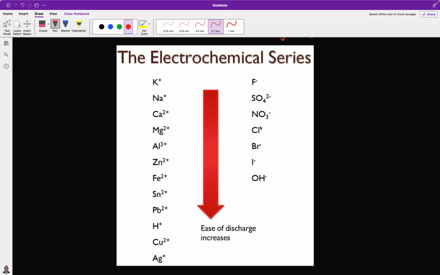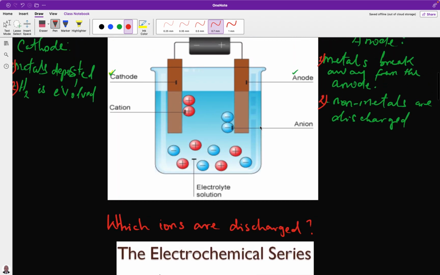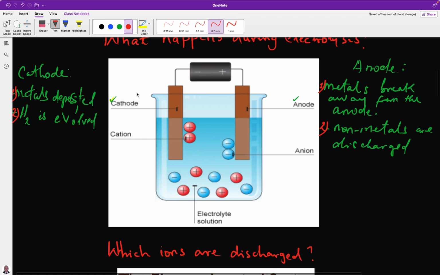At the cathode, there is a reduction occurring. The positively charged ions, the cations, will gain electrons, thereby being reduced.